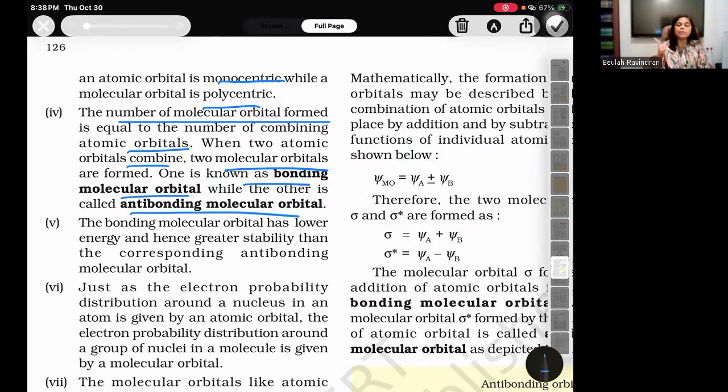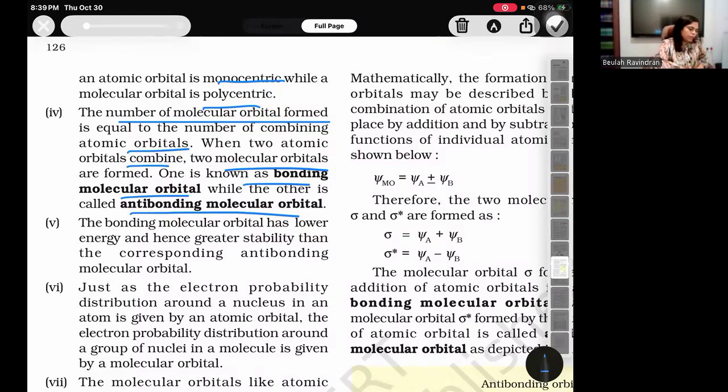The bonding molecular orbital has low energy, which means it is more stable compared to the antibonding molecular orbital.